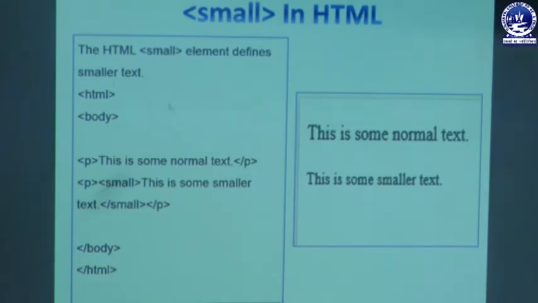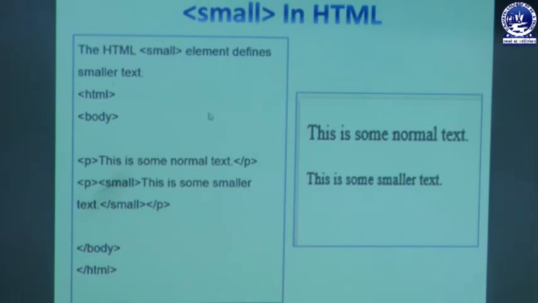use the small tag. You must have seen in a lot of places there has been written terms and conditions, and the terms and conditions were written in very small letters as compared to the other text in the web page or in a normal page. At that time we can use the small tag.